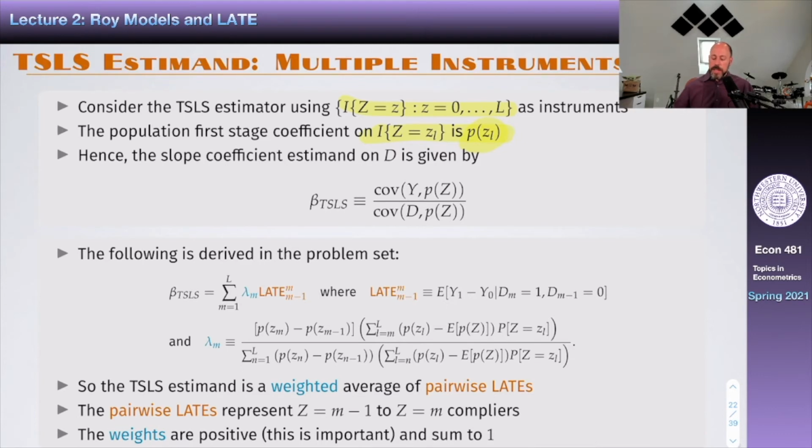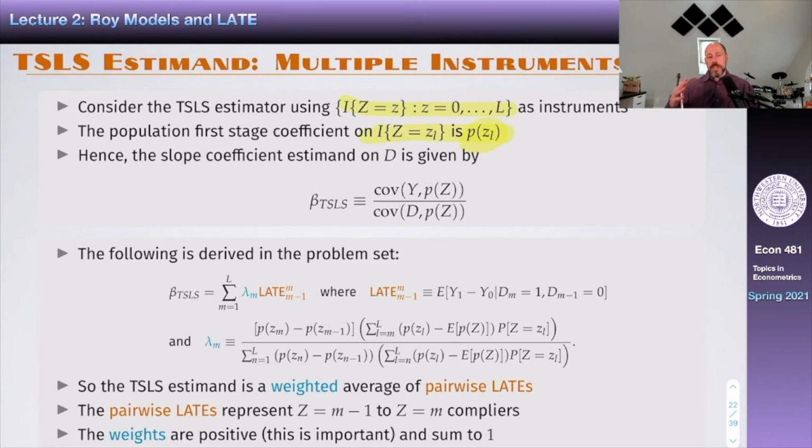And then each of the pairwise LATEs actually do make sense if you think about it, because you're just focusing on those individuals that are affected by the change in this instrument. And remember that an individual will be affected by the monotonicity assumption only by one of these changes, right?